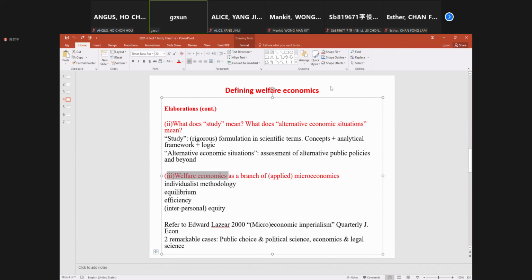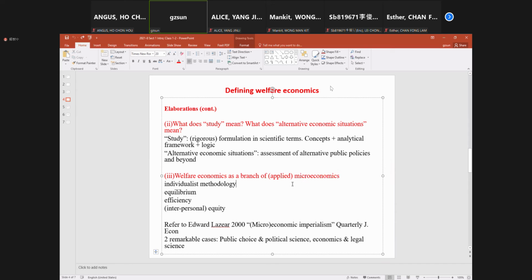Welfare economics can be sensibly understood as one part, one branch, or one application of microeconomics. And so therefore, we will apply the basic logic of this discipline to understand social welfare.